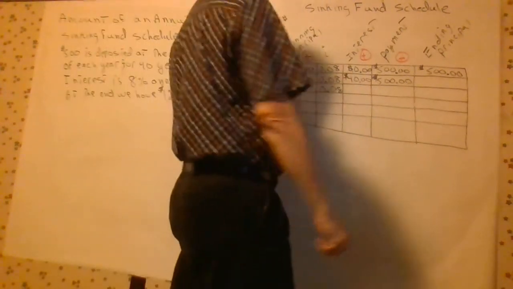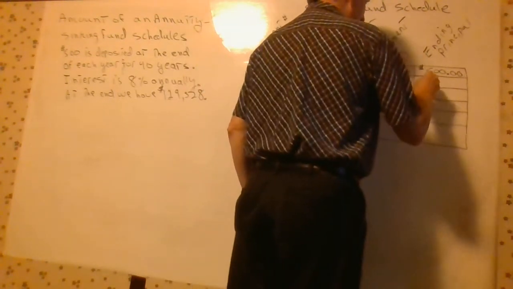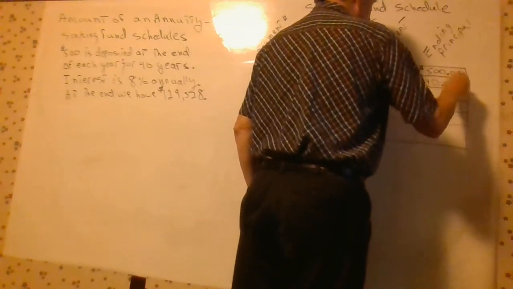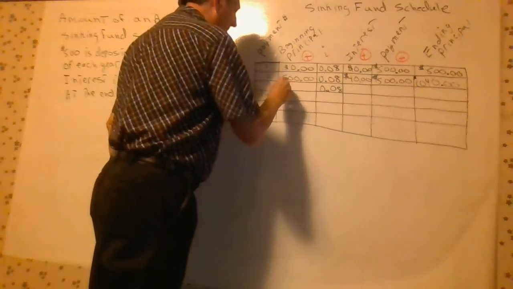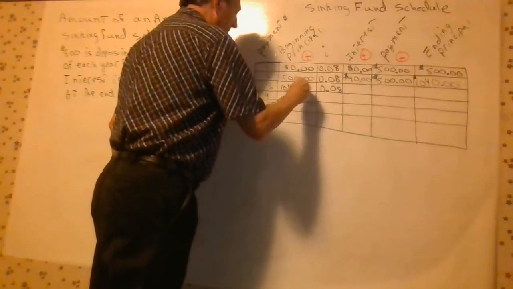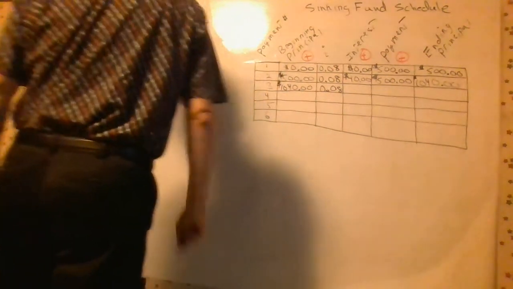And then we have to add 500 and 500 is 1,000 plus 40. We have 1,040 and 0 cents. Carry that down here, 1,040.00. You can put dollar signs there if you really want.